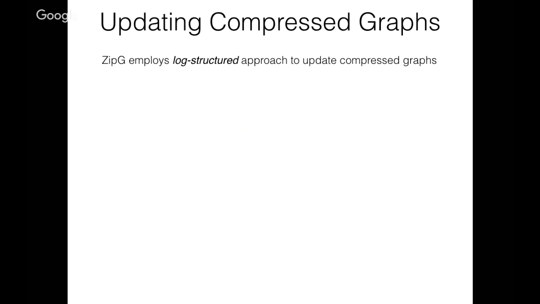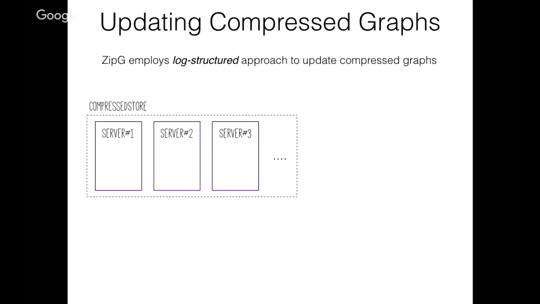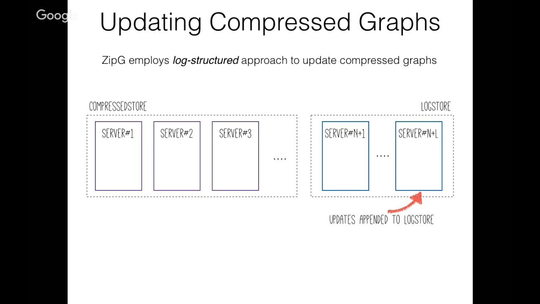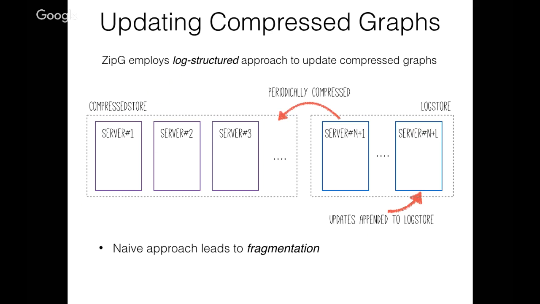So ZipG employs a log-structured approach to resolve this challenge, where the bulk of the graph data is stored across compressed store servers, which store the graph in compressed representation, and a set of log store servers absorbs all the updates to the graph into append-only logs. And periodically, these append-only logs get compressed into the compressed store. Now, the problem with this approach is that it leads to fragmentation of graph data.